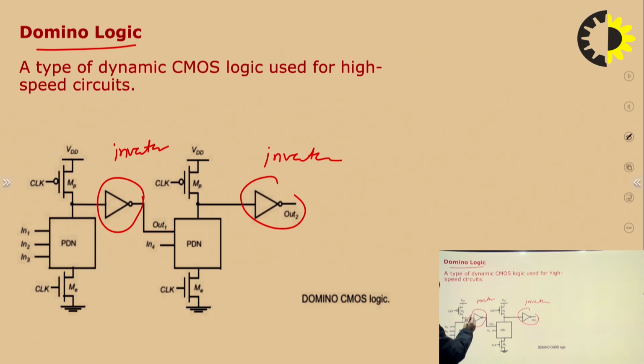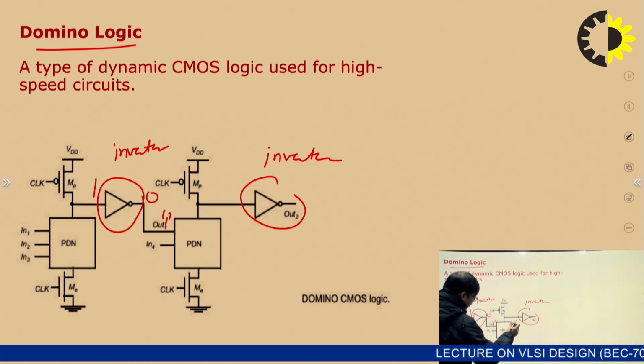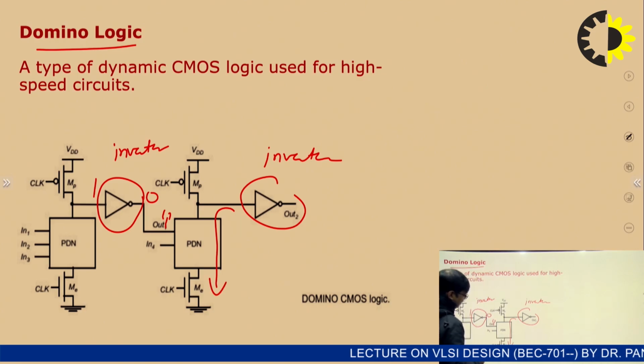because if there is an inverter in between, at the end of the pre-charge phase the output of the inverter is logic 0, not logic 1, because logic 1 here causes the discharging.